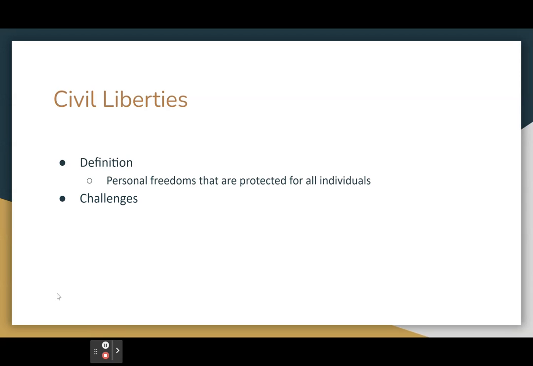The idea is that the government has a responsibility to protect individual citizens under the law and eliminate discrimination, eliminate segregation. Okay, that's the responsibility of the government. So, civil liberties are your personal freedoms that are guaranteed and protected for all individuals, that protects you from the government. Civil rights is the government's responsibility in protecting you, the individual.